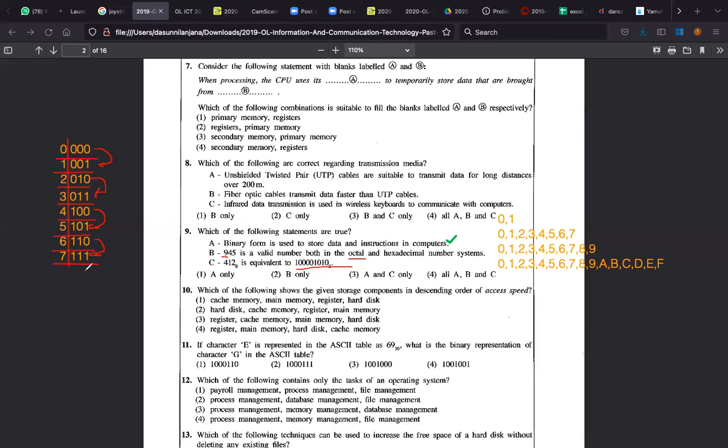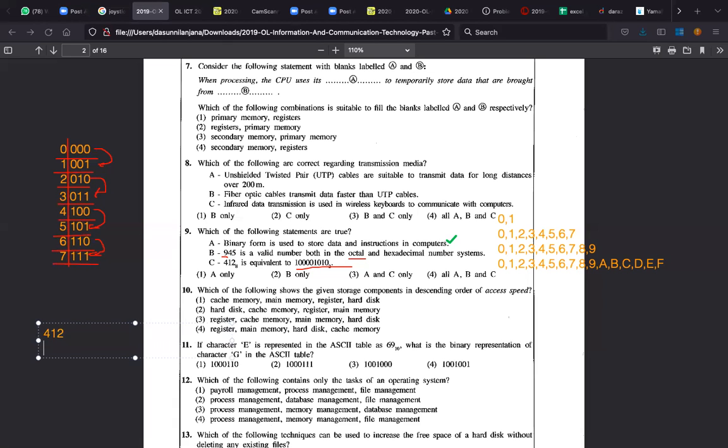Then 4 zeros, 4 ones. This is how the digits are changing. In hexadecimal, the 0, 1 will repeat 16 times, then 0, 0, 1, 1, then 4 zeros, 4 ones, then 8 zeros, 8 ones, 16 times. After writing down the digits, it's easy to convert.